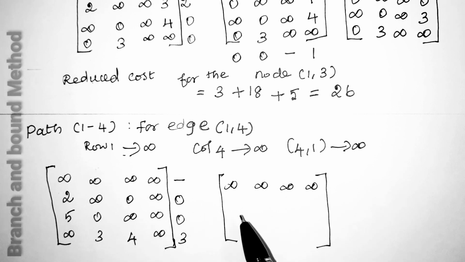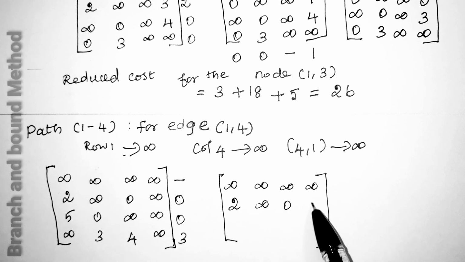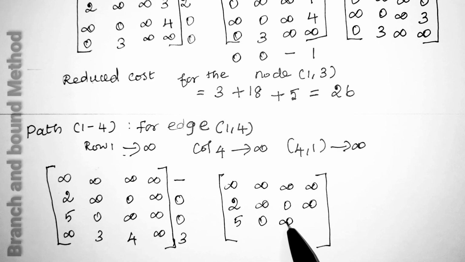Second row 0 is the least number, so you write as it is: 2, infinity, 0, infinity. Third row 5, 0, infinity, infinity. Fourth row 3 is the least number, so infinity, 3 minus 3 is 0, 4 minus 3 is 1, and infinity. First column 2 is the minimum number, second column 0, third column 0, and fourth column infinity.